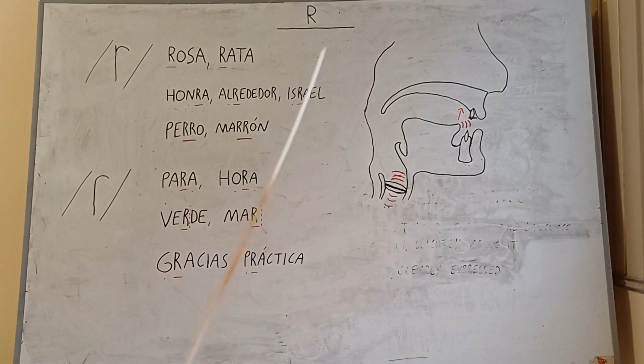This is the human vocal apparatus. And well, this would be your tongue, and these would be your teeth and your lips. This would be your palate, and this would be your throat with the vocal cords.